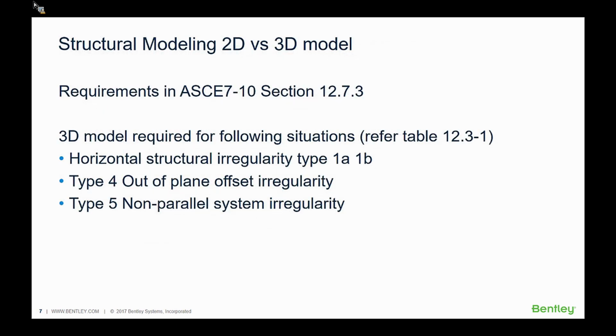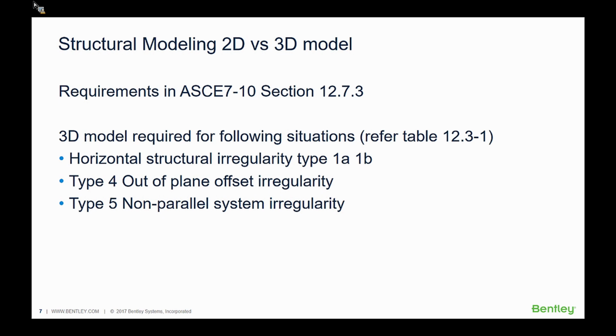Now, besides choosing the right analysis method, it's also important that we prepare the right type of structural model for our analysis. More specifically, whether a simple 2D frame analysis is good, or whether we need to prepare a 3D model. The ASCE 7-10 section 12.7.3 lays out some of the ground rules for deciding on that.